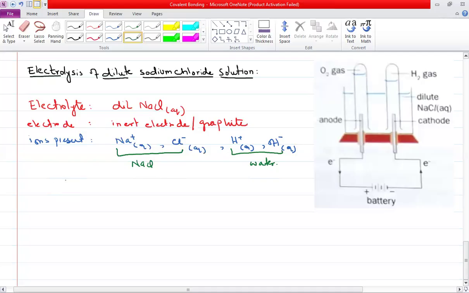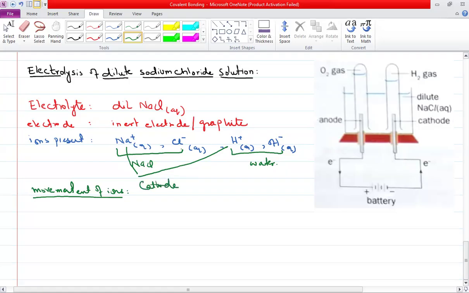Now the movement of ions. We know ions will move towards their opposite electrodes. The sodium ion and the hydrogen ion are both positive ions, so they will move towards the negative electrode, and we know the negative electrode is our cathode.